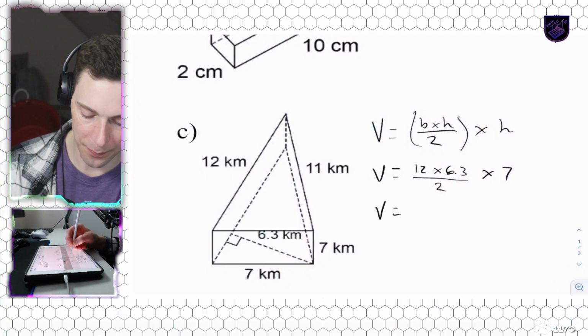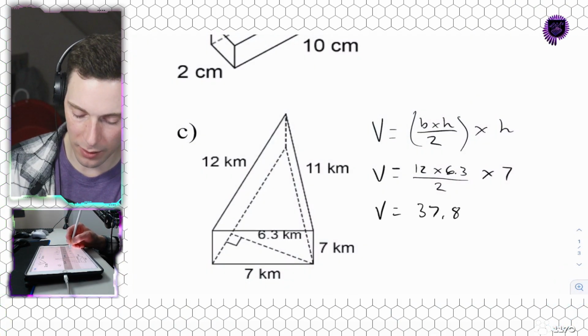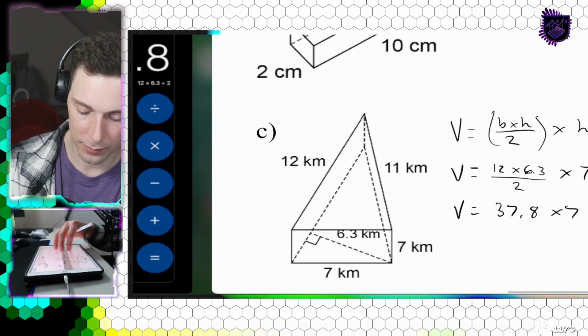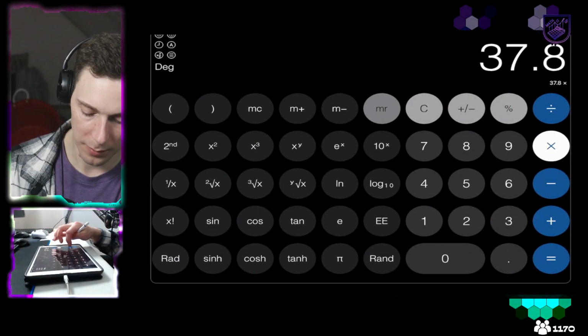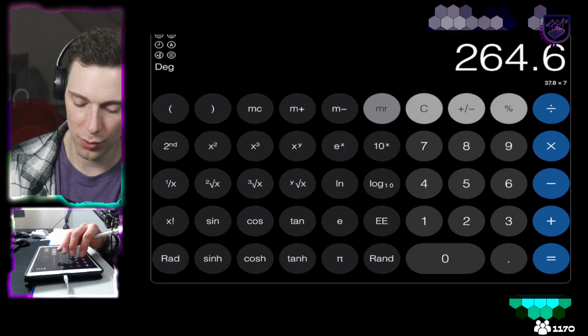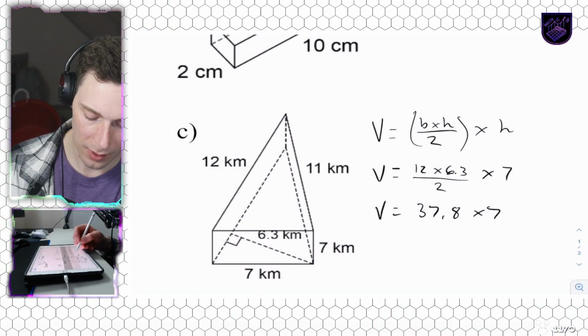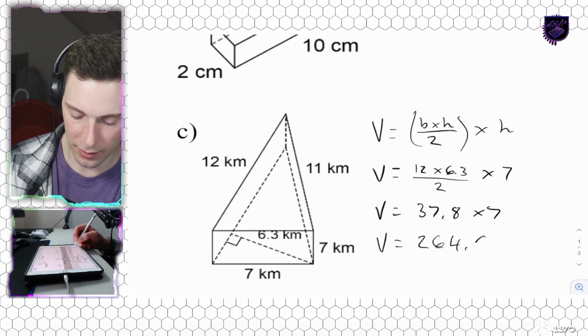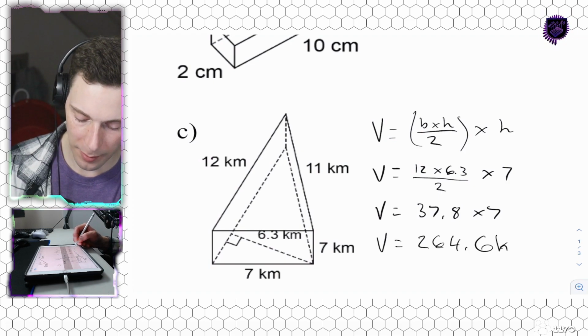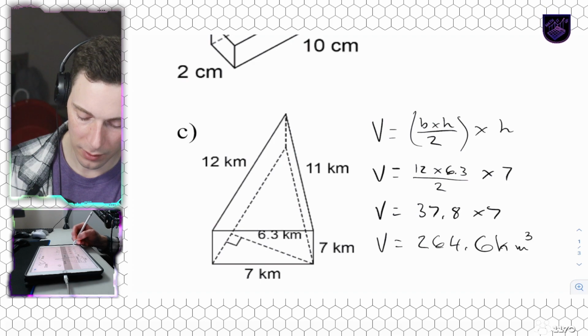The volume will be 37.8 times 7, 264.6. Volume will be equal to 264.6 kilometers cubed.